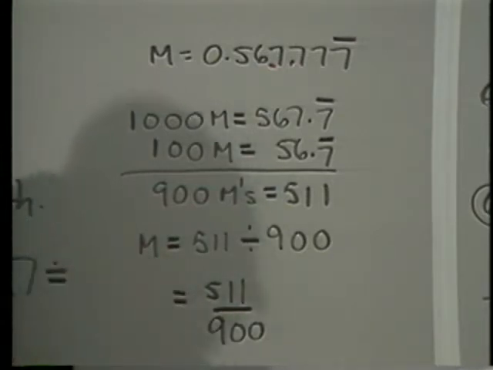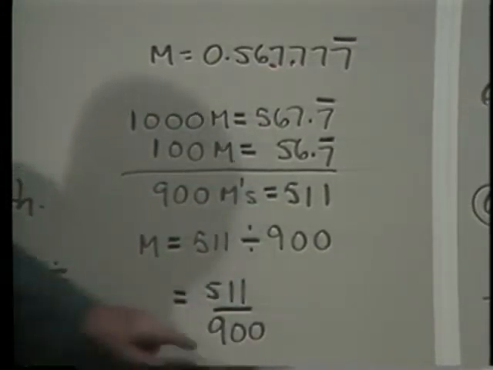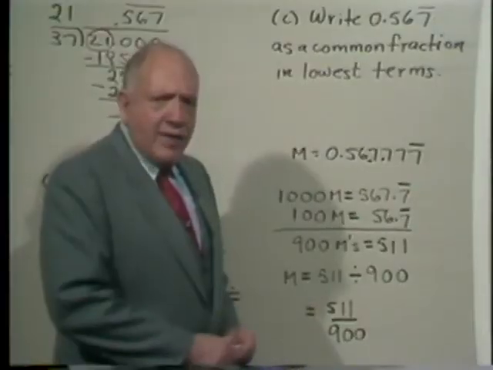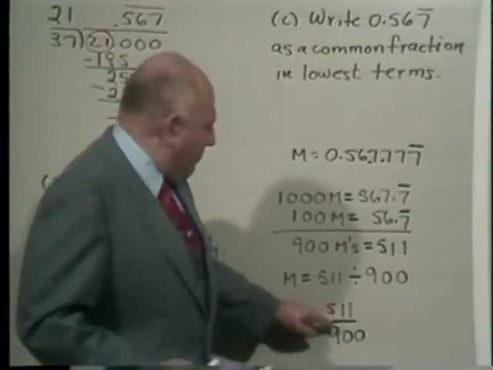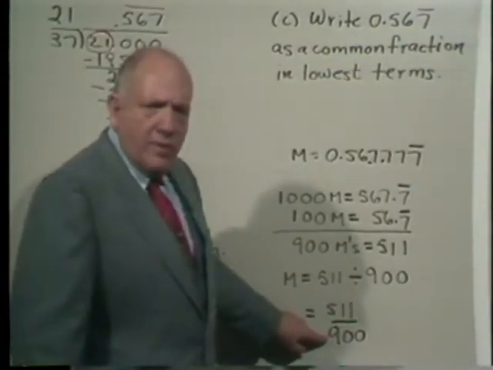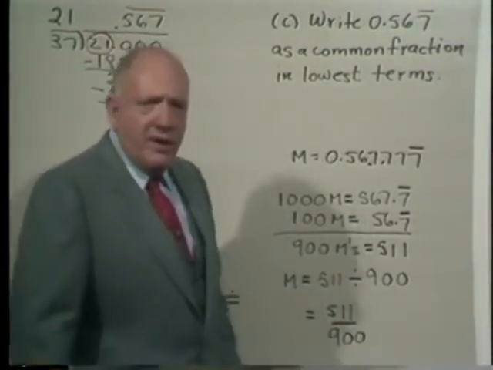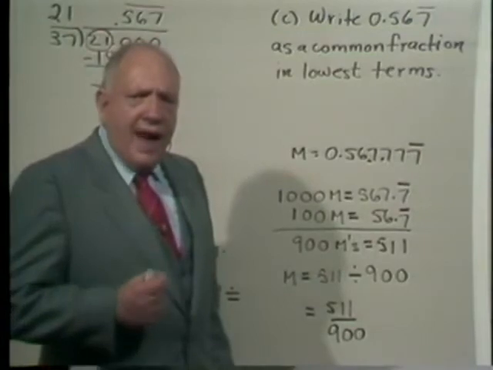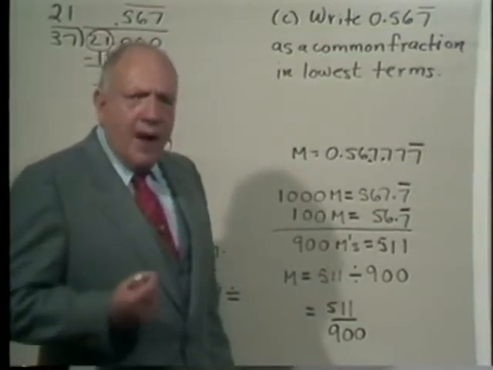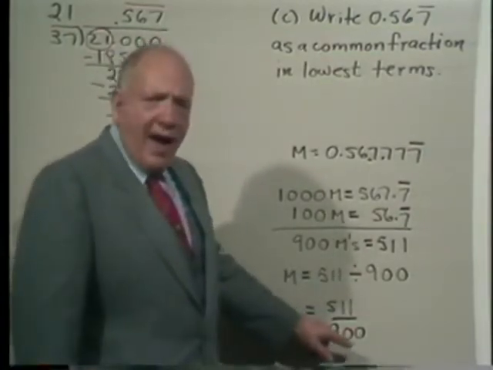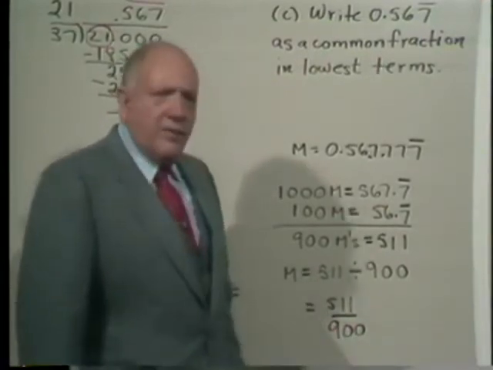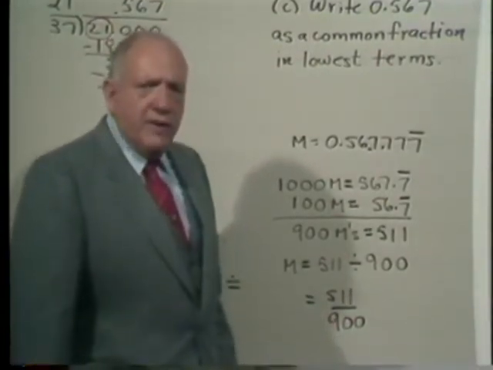That's 511 over 900. And by the way, without working too hard, I know that it's in reduced form. How do I know that? Because 900 is 9 times 100. The only prime factor that 9 has is 3. The only prime factors that 100 has are 2 and 5. So the only prime factors of the denominator are 2, 3, and 5.